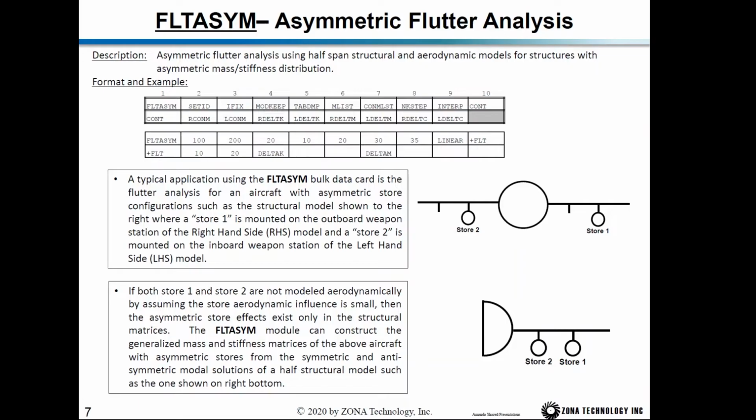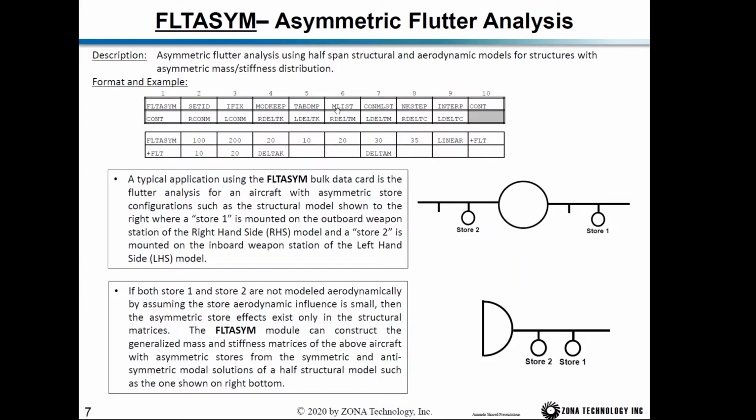So the total number of modes of FVM is the number of structure modes plus the number of anti-symmetric modes, and this refers to a TABDMP1 card to include the structural damping in the analysis.